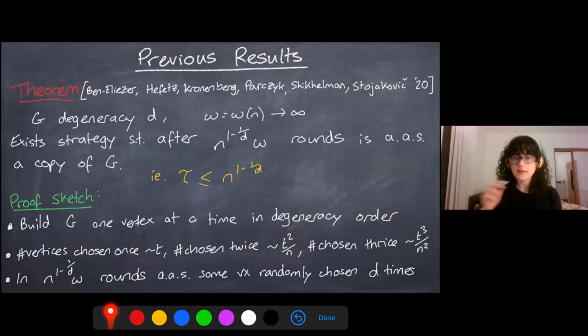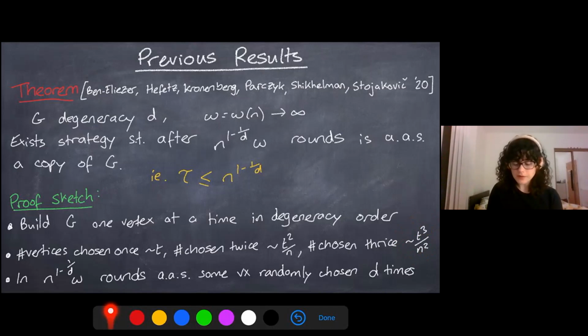It's like the sum from i equals 1 to T of i over n, which goes like T squared over n. The number of vertices chosen 3 times: on the ith time step, the probability we choose a vertex we chose twice will be like i squared over n, so it's going to be i squared over n squared. You sum that over all time steps.